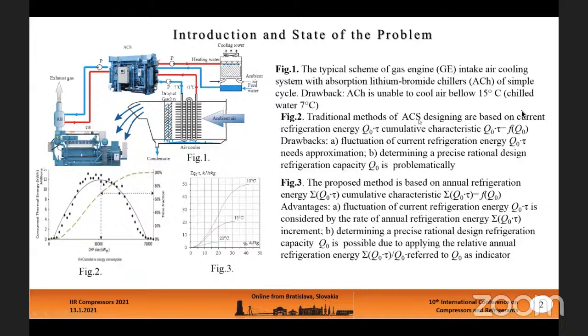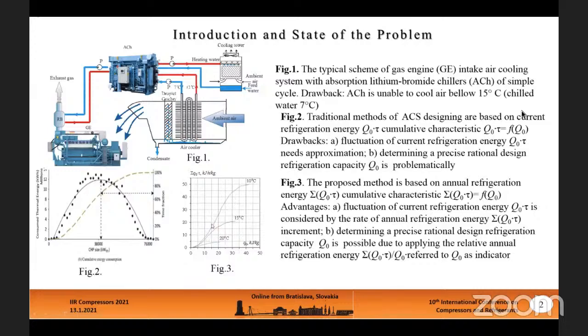Traditional methods of air chilling system designing are based on current refrigeration energy production in dependence on design refrigeration capacity, which is characterized by large fluctuation that makes it impossible to define the exact value of design refrigeration capacity.